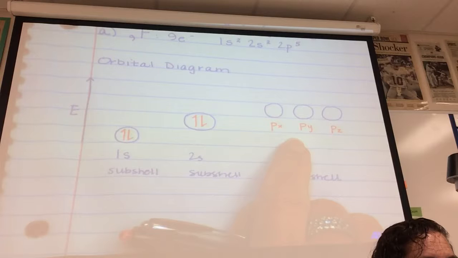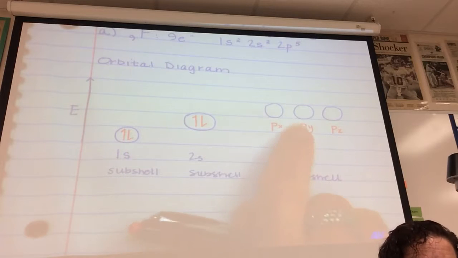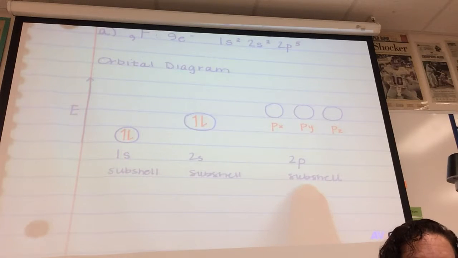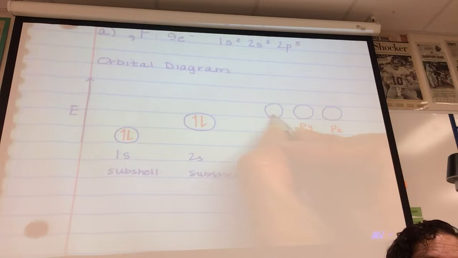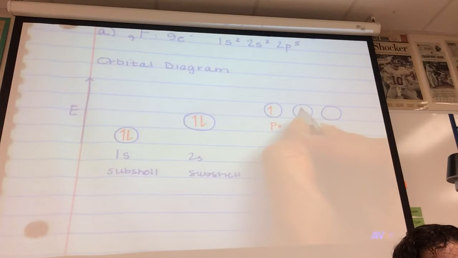That's Aufbau's principle. Hund's rule is the bus rule. You put 1 electron in each orbital of a subshell before you pair. You go, look up at the screen. You go up, up, up, down, down.